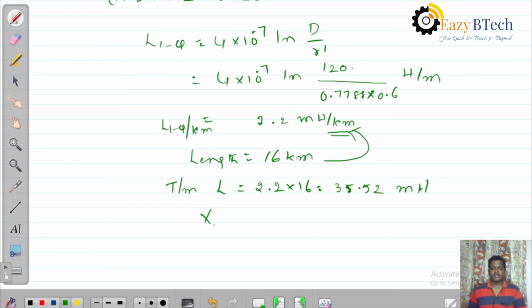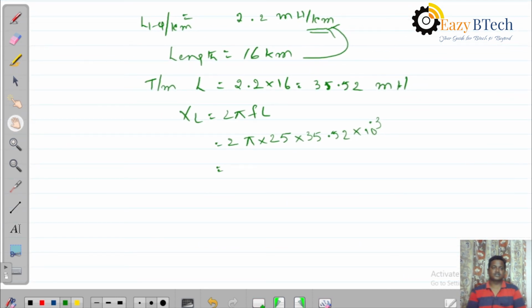Therefore, we can calculate XL equals 2 pi f L, that is 2 pi into frequency 25, inductance 35.52 into 10 power minus 3. With a calculator, this value equals 5.579 ohm. We represent XL in ohm. This is for case 1.